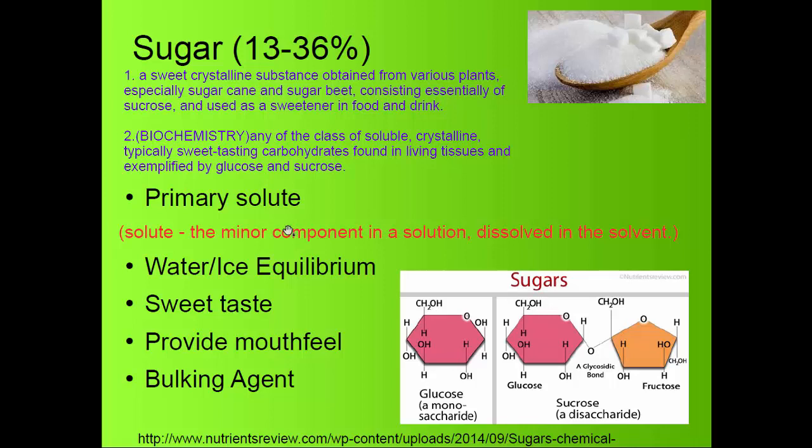And it helps set up the water ice equilibrium. So depending on how much sugar is in there, it's going to depend on how much water freezes at a given temperature. It's a sweet taste. It also provides mouthfeel, and it's also a bulking agent.